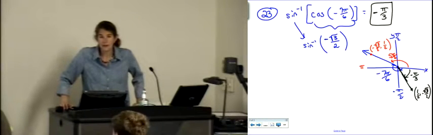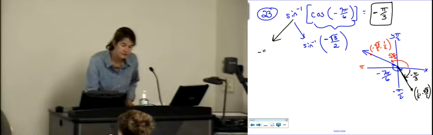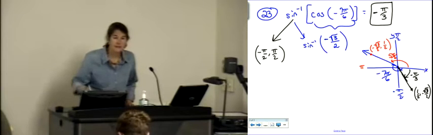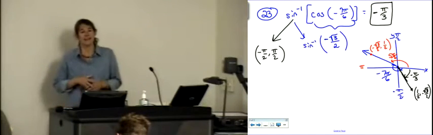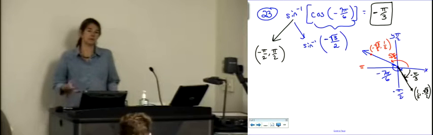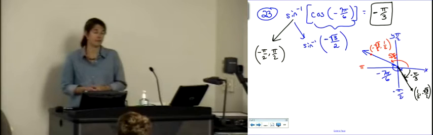Why don't we put 5 pi over 3? Because when we do inverse sine, our answers have to be between negative pi halves and positive pi halves, and 5 pi over 3 is too big. Yes, they're ending at the same place, but we're staying within the parameters that have been set up for us.